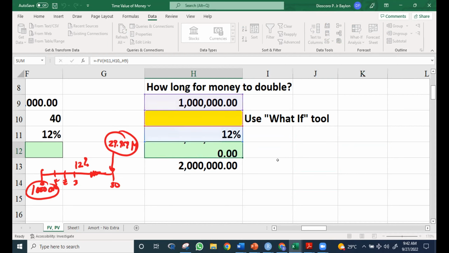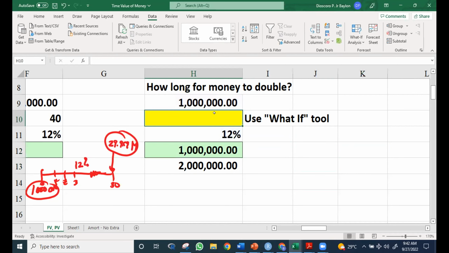If this is 0, then that means your money did not accumulate because it's still year 0. So 0 years of accumulation, it will still be 1,000. But we want this one to become 2 million, by changing this one. So what should this be so that this one becomes 2 million? That's how we use Goal Seek.